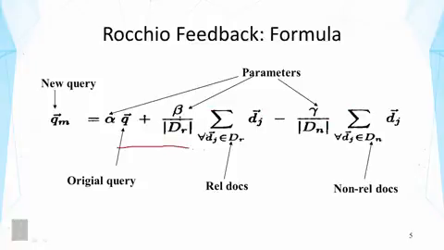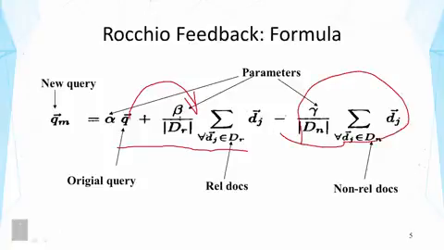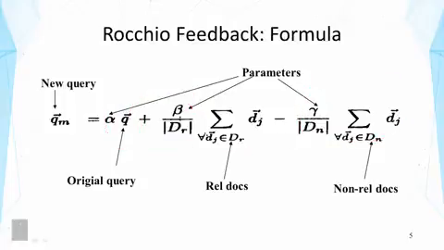When we add these two vectors together, we are moving the query vector closer to the centroid. Right? So when we add them together, when we subtract this part, we kind of move the query vector away from that centroid. So this is the main idea of Rocchio feedback.